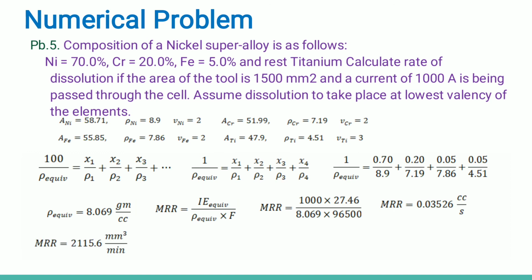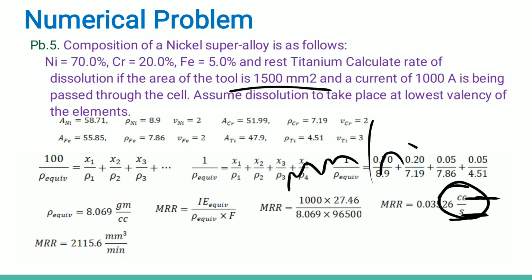What we have to find out is the feed rate. The area given to you of that tool is 1500 mm square. So we have to convert this cc into mm cube, and this second into minutes. That will give you the mm per minute.